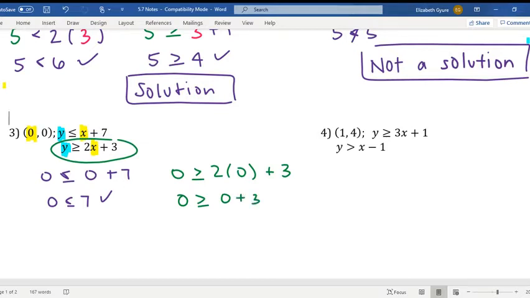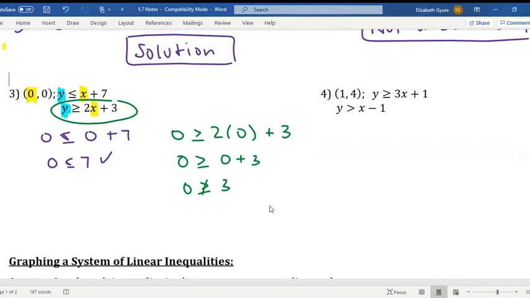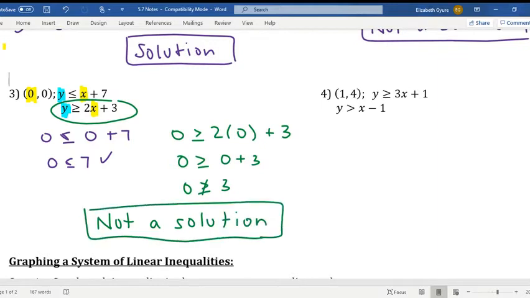And then I got to simplify one more time. We got 0 plus 3, which is just 3. Is 0 greater than 3? No. So that is not going to work. So if it works for one of them, but it doesn't work for the other, what would we say? Yeah, that is correct. Not a solution, or you could say no solution. Good.